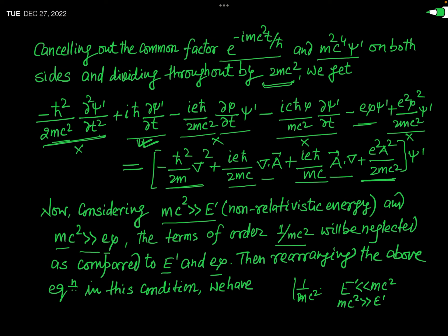Right? And in LHS there is minus E phi psi prime. When you bring this minus E phi psi prime to RHS, this will become plus. So we will write this term in RHS.